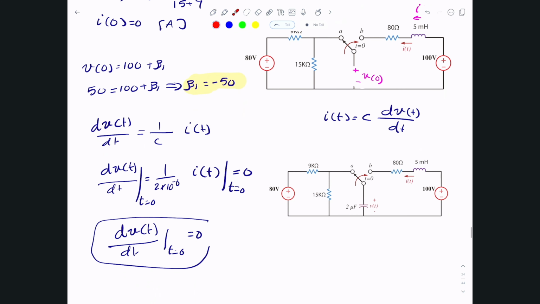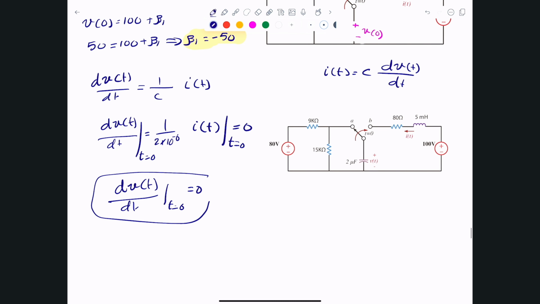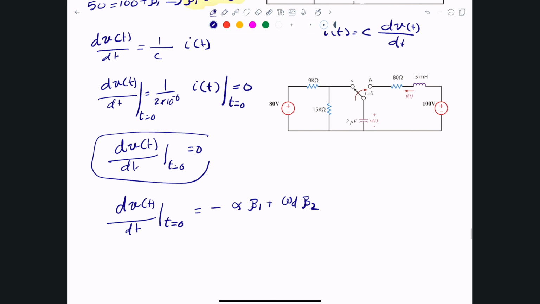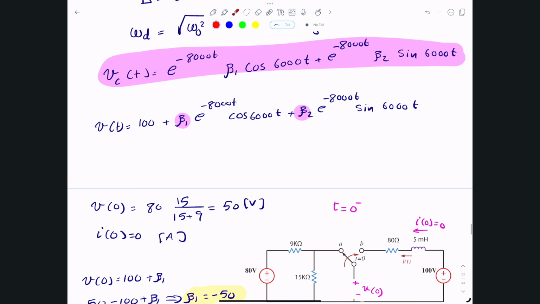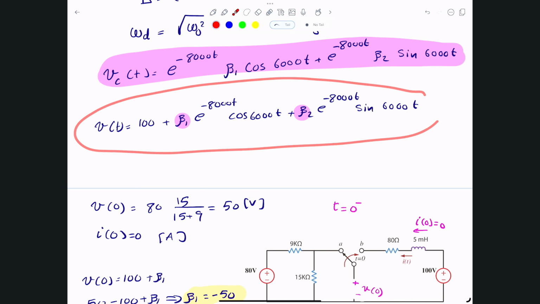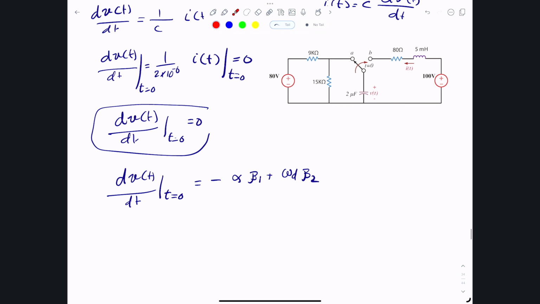That equation tells me dV of t divided by dt at t equals 0 should be simply negative alpha beta 1 plus omega d beta 2. You can get it directly by taking the first derivative and setting t to be 0. Let me substitute with the values I know.